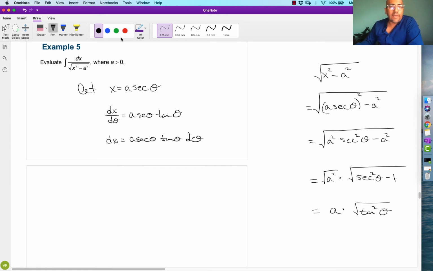Good. Now again, we have to confirm our restrictions here.